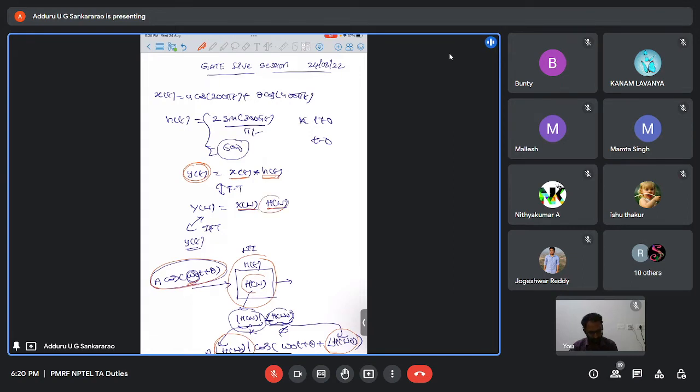Actually we can solve this in two ways. As I said, you can find X of omega and H of omega, find the product, and then you get Y of omega. Now you can take the inverse Fourier transform, so you will get y of t.